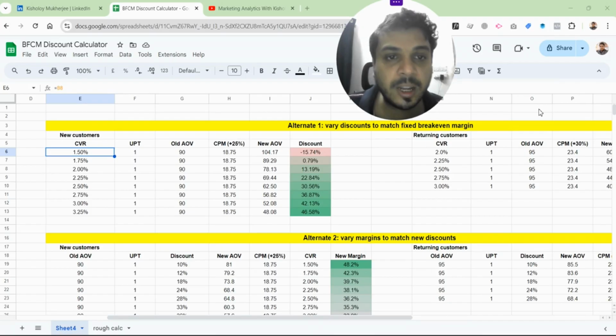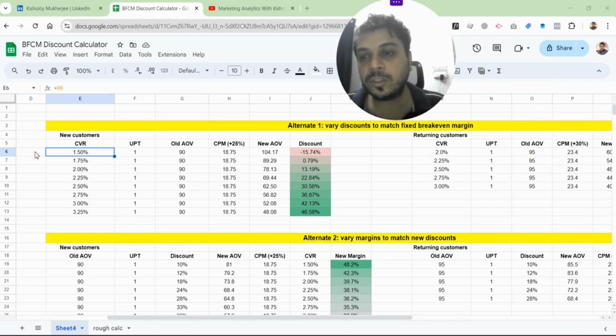This could be in the form of CRO strategies, or other offers that you have put forward in front of customers. So conversion rate is increasing.